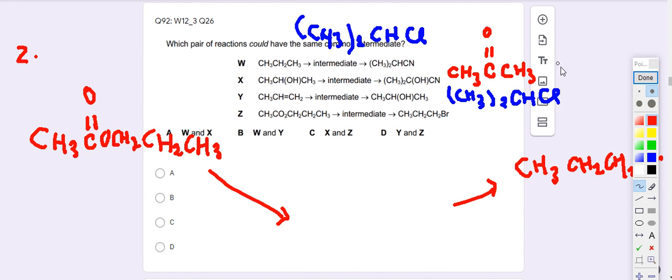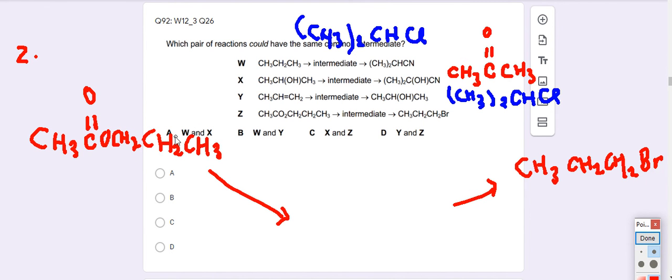Now let's look at this reaction. I have a shorter chain in the final product. I have more carbon in the ester. That means this ester must undergo hydrolysis. I will break the C-O bond in between so that I get a smaller carbon chain at the end. In the hydrolysis, this ester will form two products, the carboxylic acid and also the alcohol.